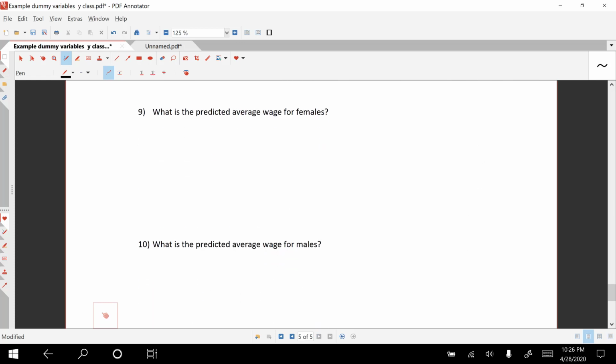So what's the predicted average wage for females? Again, we need to start with the estimated model, 4.588 plus 2.512 male. For females, remember, male is equal to 0.